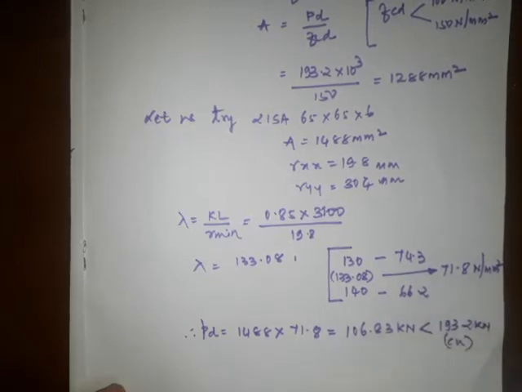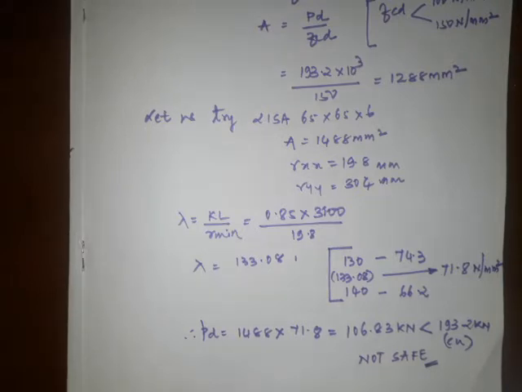What does that mean? This much force is applied over the member, and the member you have selected can carry a load of 106. The load carrying capacity of our member is 106, but the load applied is 193.2. So that's why it is not safe.